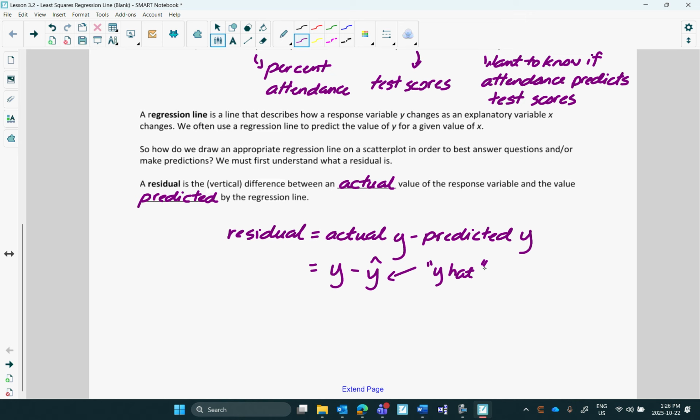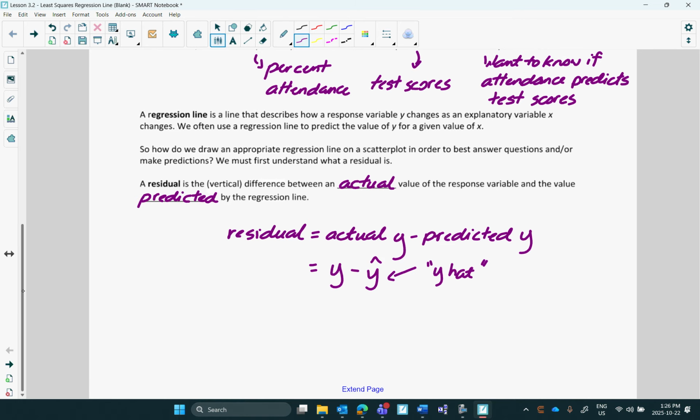So if you are ever asked to describe y hat, like explain what it is, you must use the word predicted. If you don't use the word predicted, you have not correctly explained what it is. Just keep that in mind. Okay?